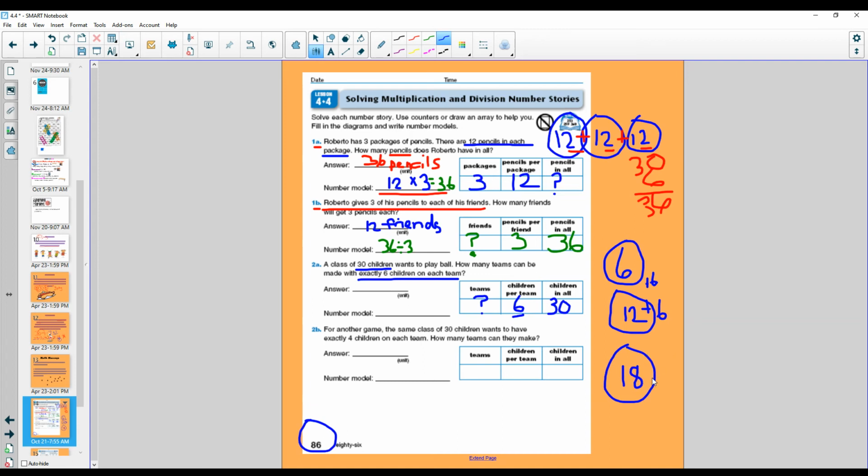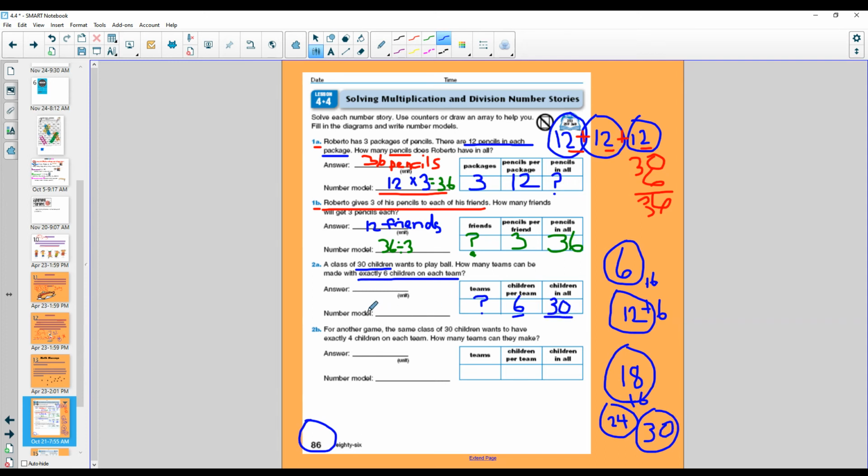Okay, we need to go another 6 because we still have room. 18 plus 6, 18, count up. 19, 20, 21, 22, 23, 24. Oh my goodness, we can do another 6. 24, 25, 26, 27, 28, 29, 30. All right, I got to my 30 kids.